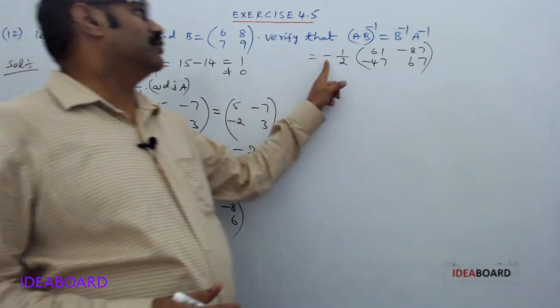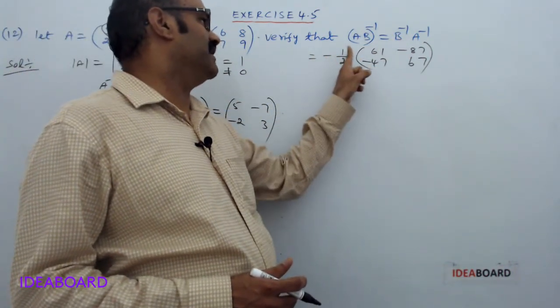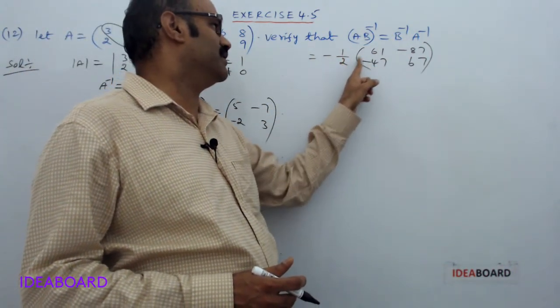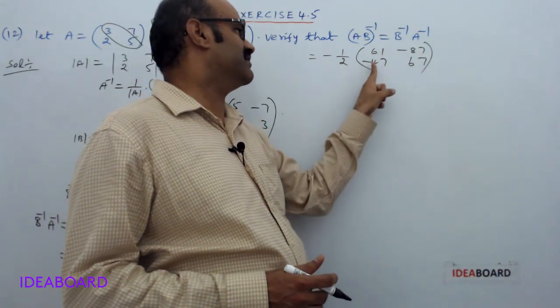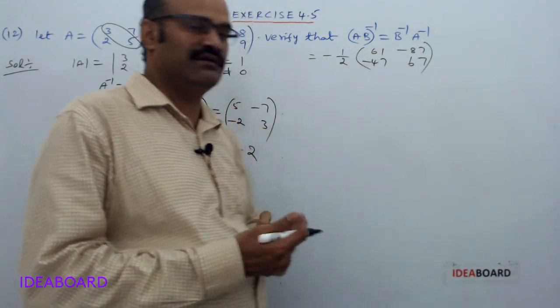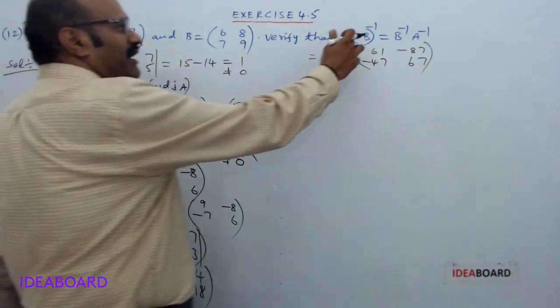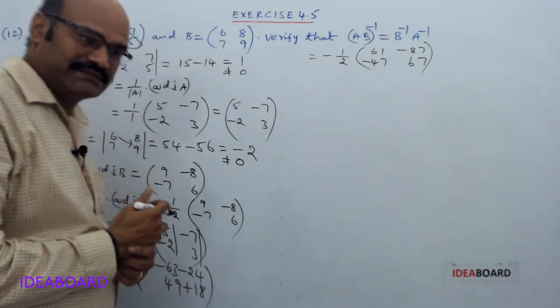So RHS, B inverse into A inverse, equal to -1 by 2 into 61, minus 87, minus 47, 67. Now we have to verify LHS.